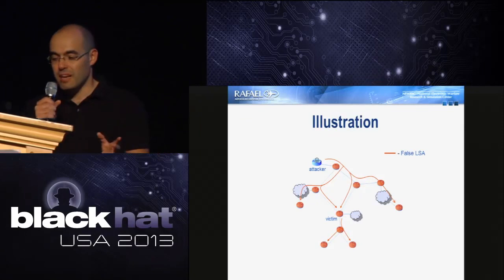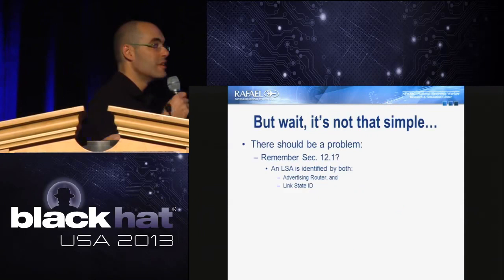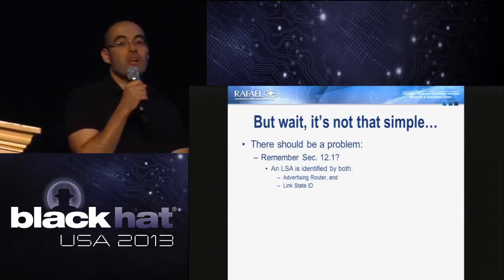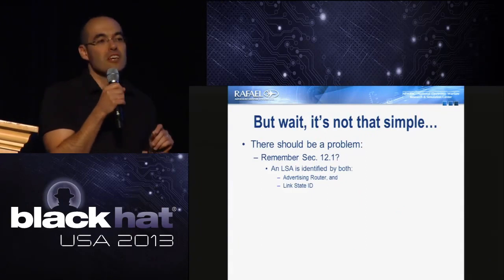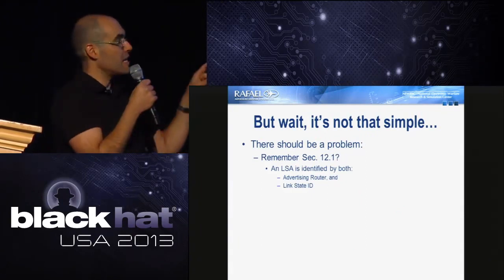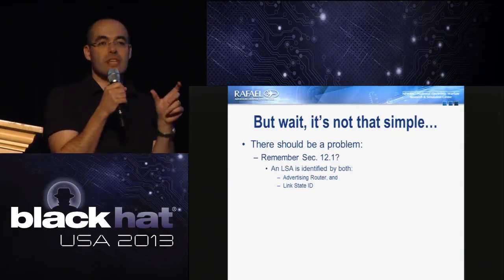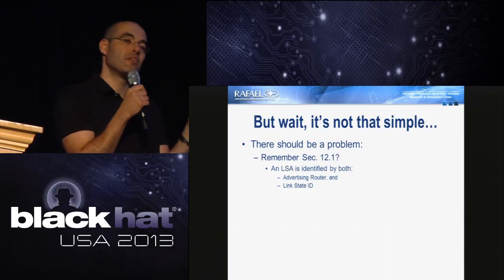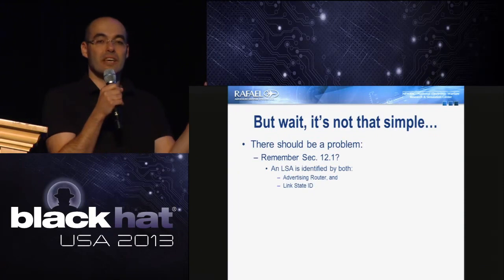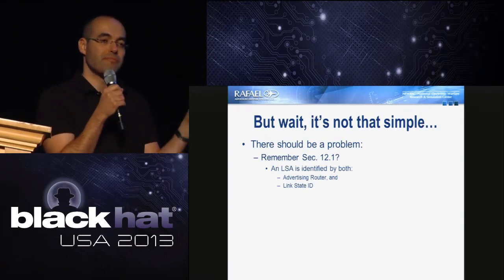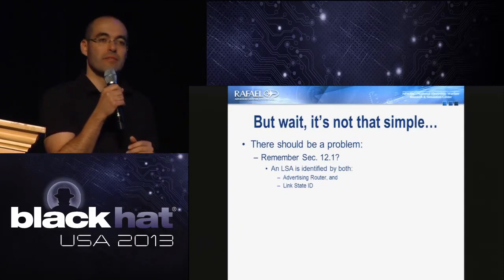Now, it's simple enough. However, it's not that simple. We have a problem here. Remember section 12.1 of the RFC? An LSA is identified by both fields, link state ID and advertising router. This means that the false LSA we just advertised has a different identifier than the valid LSA, the actual correct LSA of the victim router, because they differ in the advertising router field.